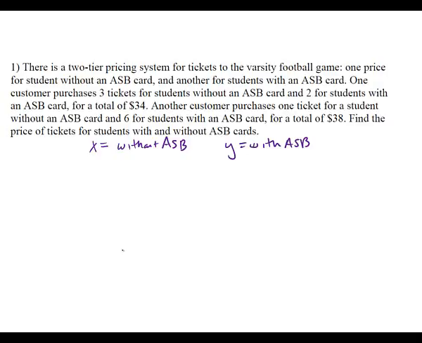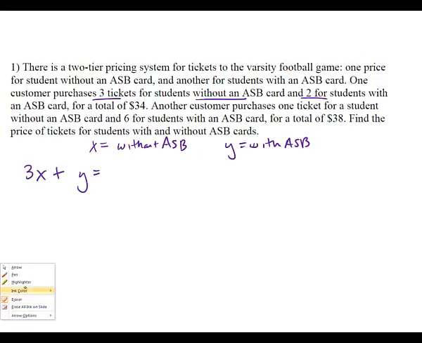Okay. All right. So basically we're going to write a customer 1, customer 2 equation, right? So how many without ASB for the first customer? 3. So 3x plus how many with ASB? 2y. And equal to how? I did not write 2y, did I?